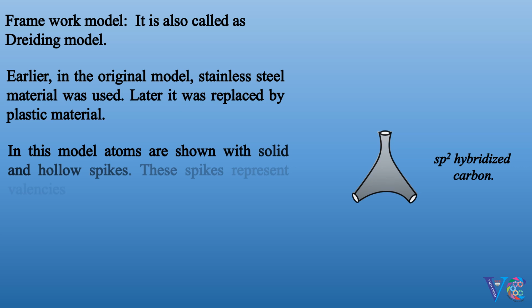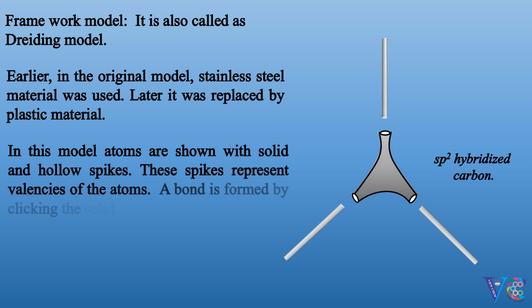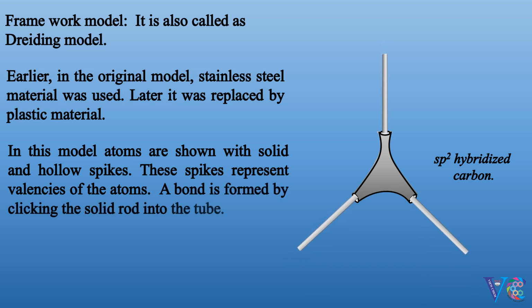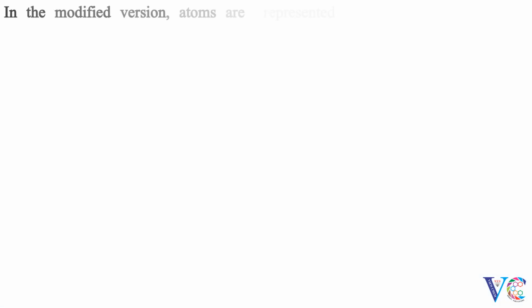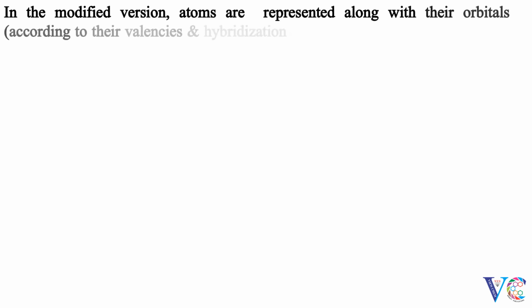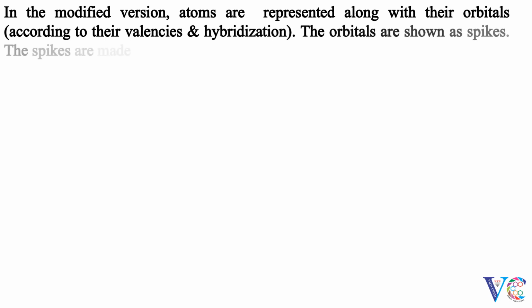These spikes represent valencies of the atoms. A bond is formed by clicking the solid rod into the tube. In the modified version, atoms are represented, along with their orbitals, according to their valencies and hybridization. The orbitals are shown as spikes. The spikes are made up of alloys.